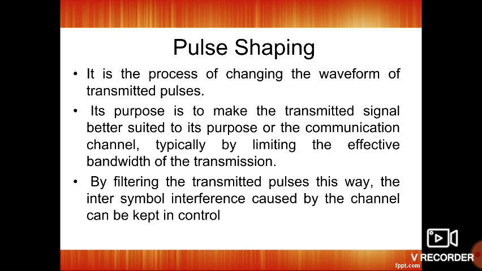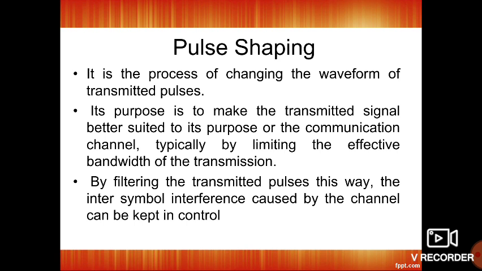Where pulse shaping is needed is one of the baseband systems for transmission of digital data, the discrete pulse amplitude modulation system. In discrete pulse amplitude modulation, the amplitude of pulses varies in a discrete manner according to the binary data. This PAM has only two amplitude levels, zeros and ones.